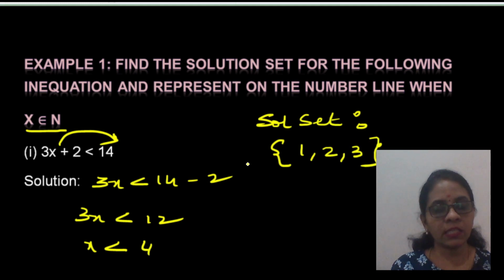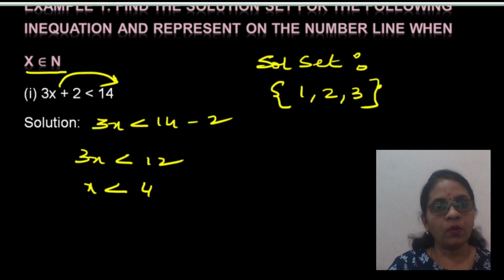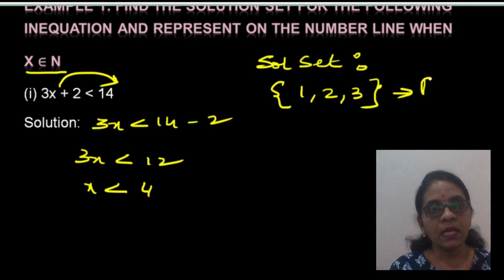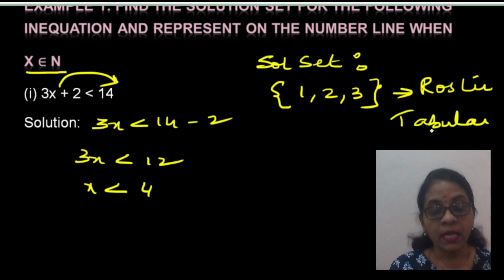Here I am going to discuss with you all 2 points about this solution set. Now you know that there are 2 kinds of set notation, one being the roster form and the other is the set builder form. Listing the elements is the roster form or the tabular form.